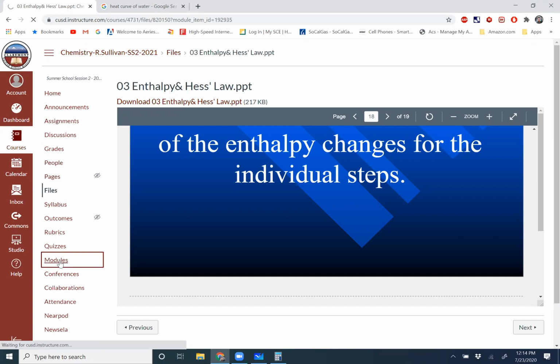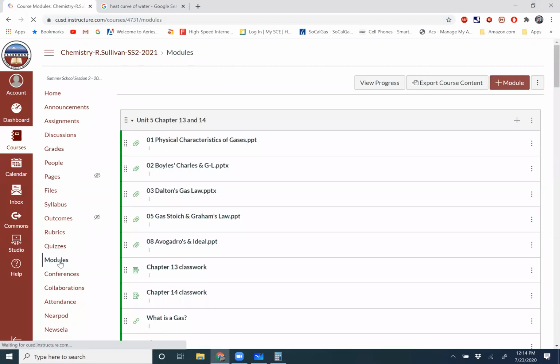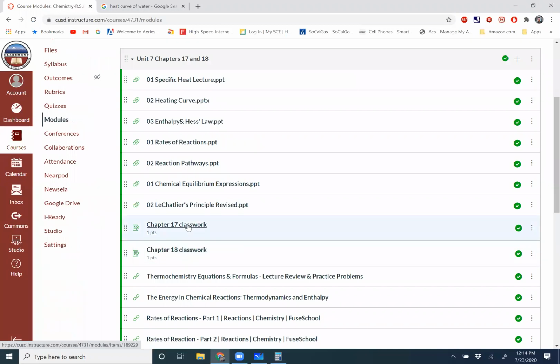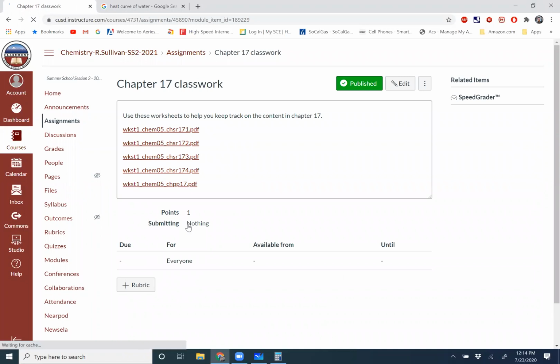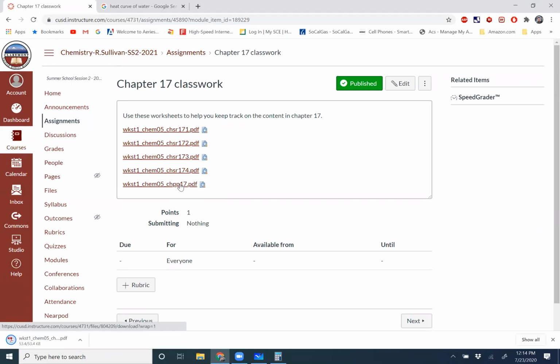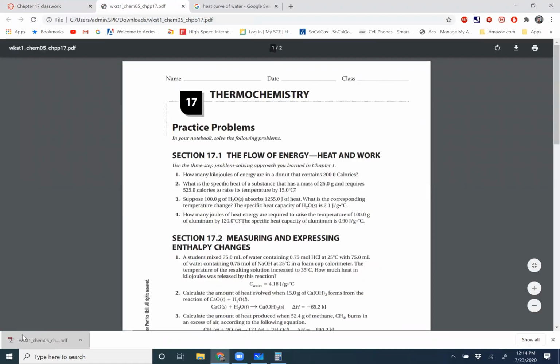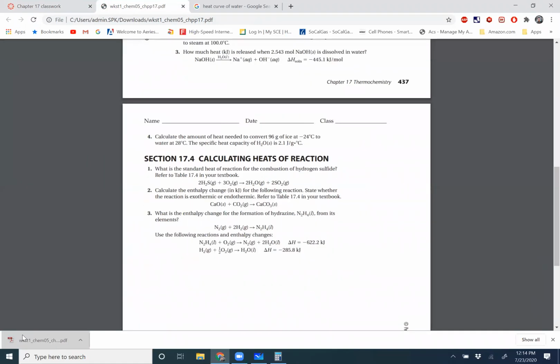If you go over to the module and look at the classwork for 17, and you're looking at the practice problems here, when you get to section 4 is when it talks about heats of reaction and stuff like that. And for that, you would use Hess's law, and we're not going to worry about that. So don't worry about it.